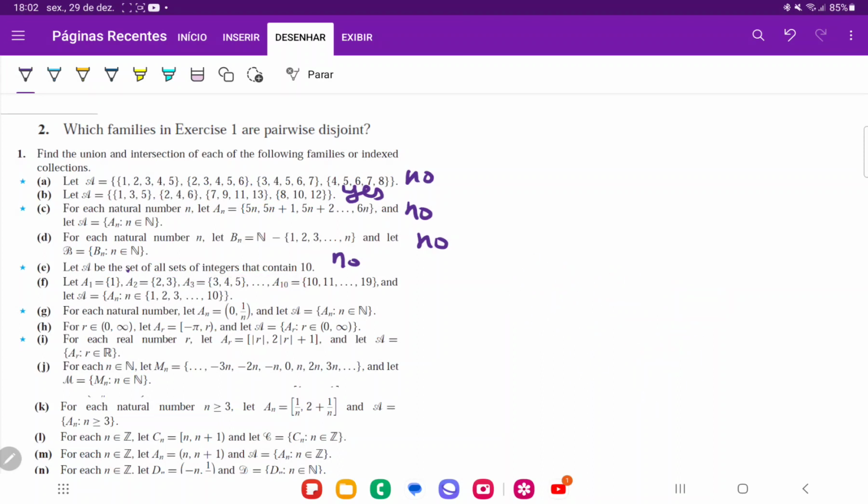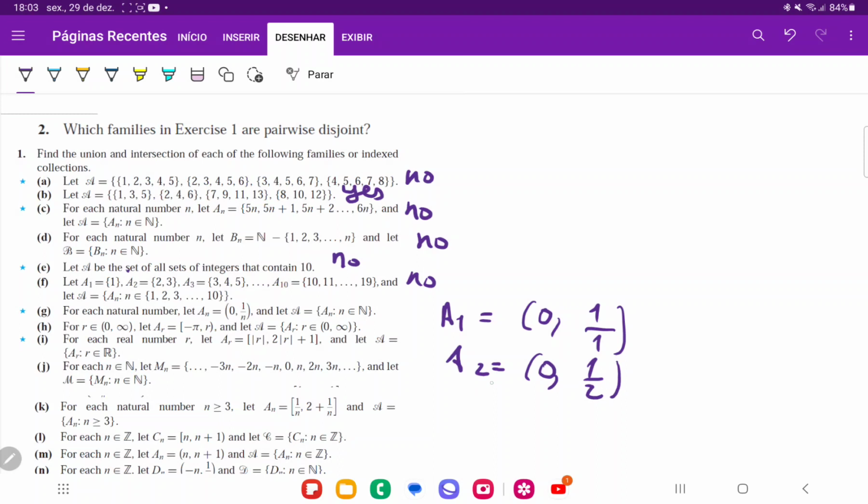What about F? So already here we can see that they're not pairwise disjoint because we can see here that there's one element that's common in two sets. So that is going to be a no. For G, let's see. A1 is going to be 0, 1, and A2 is going to be 0 and then 1/2.